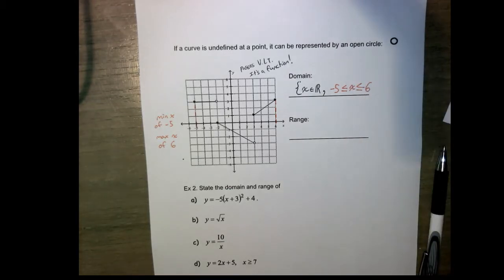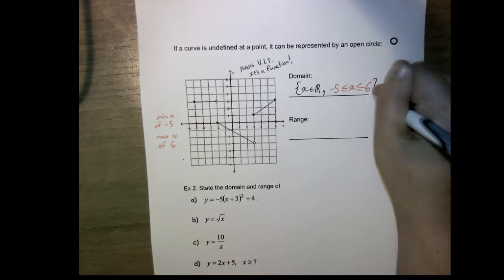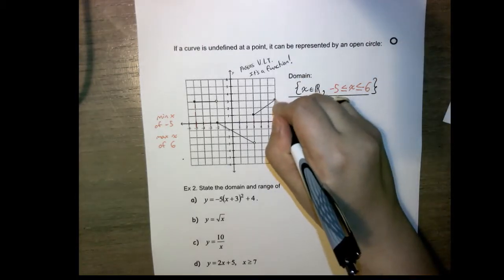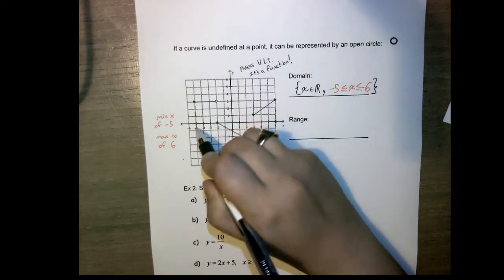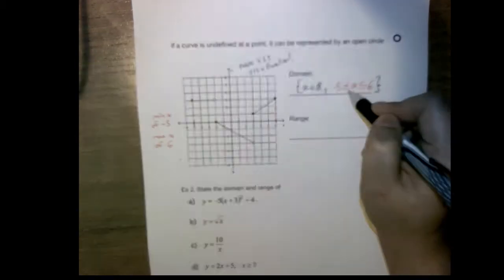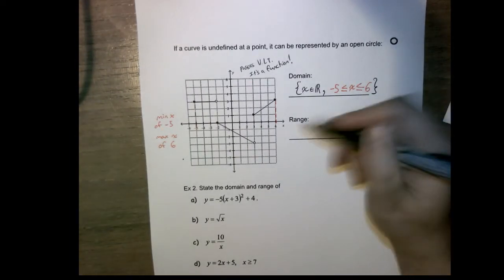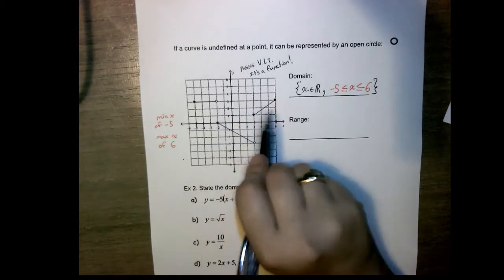And the reason why it's smaller than or equal and not just smaller than is because we do have these closed points here, right? So that means that I can have an x value of -5, right? So it can equal -5. It's also bigger than -5, right? Because x exists in between these 2 points, right?